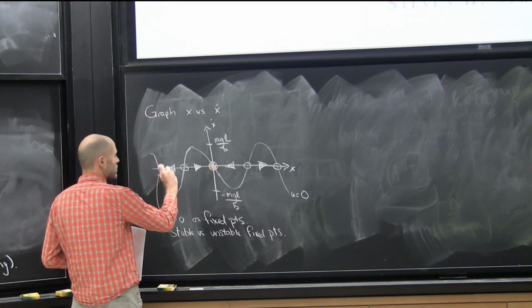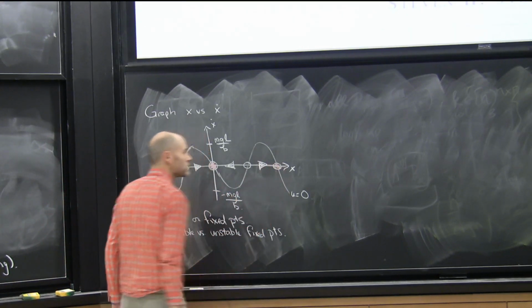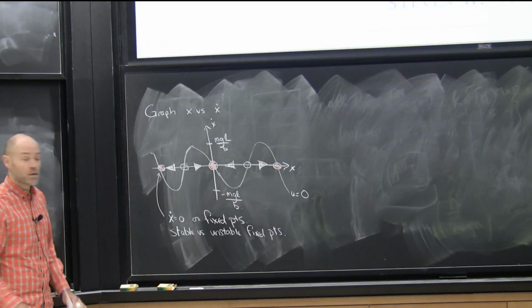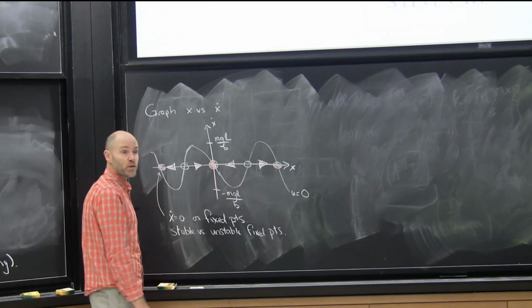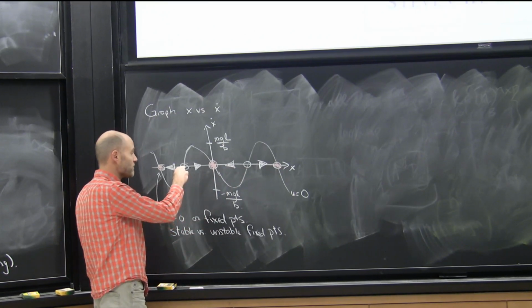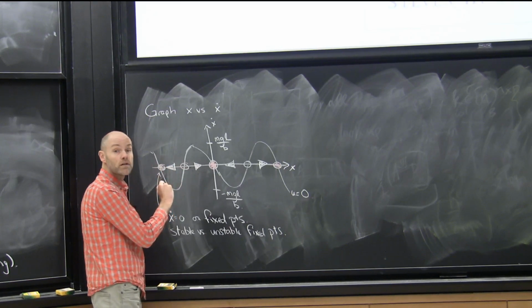Similarly, although this is the wrapping effect that I'm ignoring here, this system has stable fixed points over here. And these are unstable fixed points, right? So if you started exactly there, it'll stay there, but if you go even just a little bit one way or the other, it's gone, right?